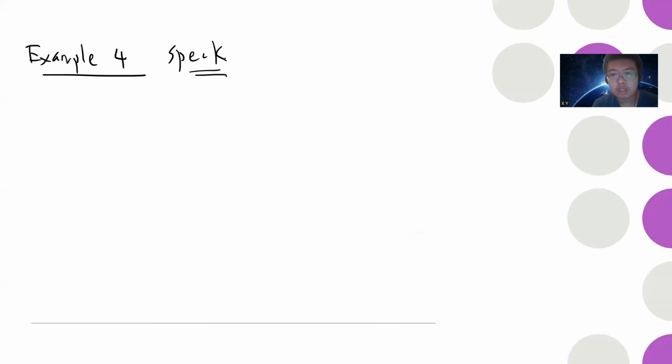Okay, example 4 is very simple, and you can consider Spec K. If you take K to be an algebraically closed field, or a field, Spec K has only the element 0, because this is the only prime ideal.